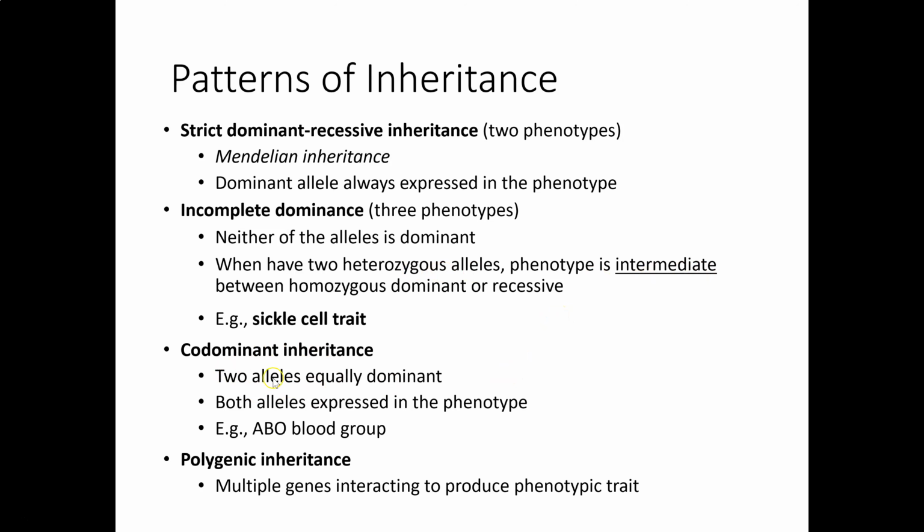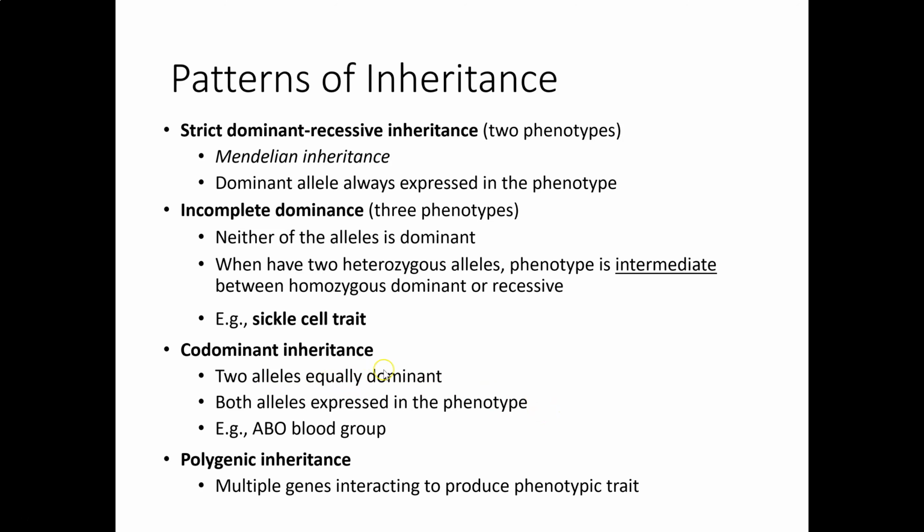The last type we're going to focus on is co-dominant inheritance. That's the part the lab exercise devotes the most time to. A typical example that we are pretty familiar with already is the ABO blood type. Your lab exercise focuses on the ABO blood type. What that means is you now have 2 alleles that may be equally dominant.